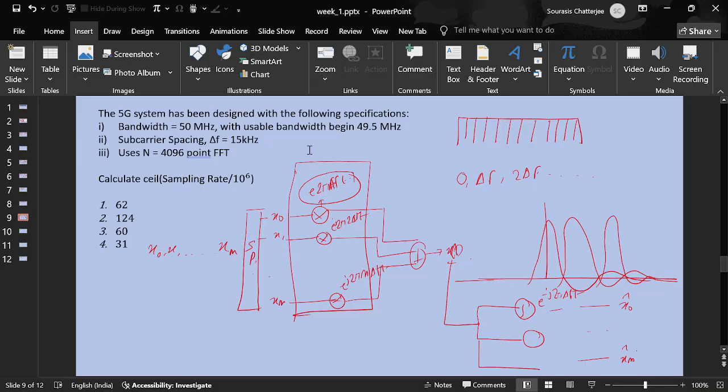So if I'd like to answer this particular question, how do I proceed? You are given a certain bandwidth, a certain subcarrier spacing, and how many points FFT you are doing. So what should be the sampling rate for me? N times delta F. Okay, that is a bit about the formula, that's correct.